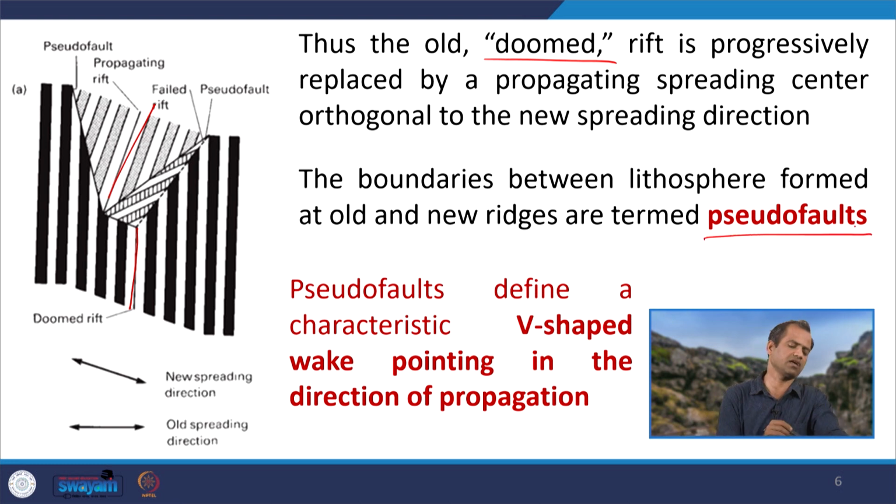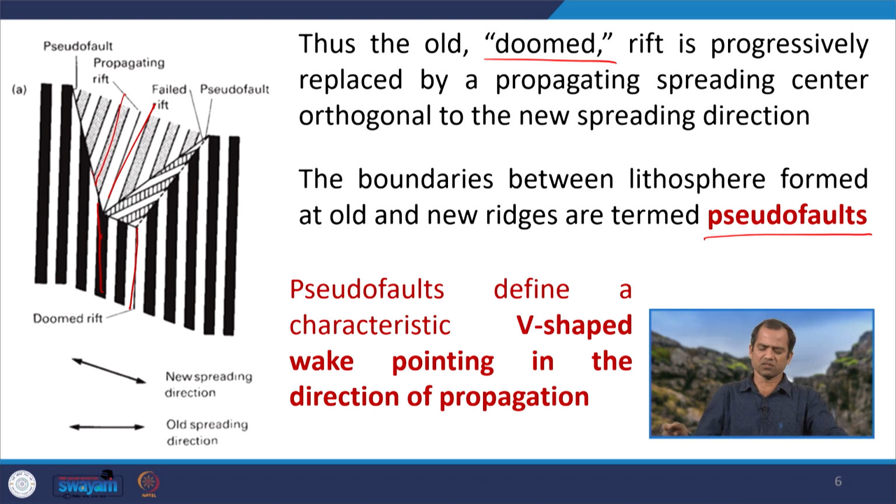So, now you see this strike continuity here, and this is the strike continuity. Finally, the strikes are not matching. Once the strikes are not matching in the field, we say it is a non-conformity, it is a fault. So, here it is termed a pseudo-fault. Actually, it is not a fault, there is no displacement. However, this strike discontinuity is due to the reoriented magnetic strips due to the reorientation of the ridge system.